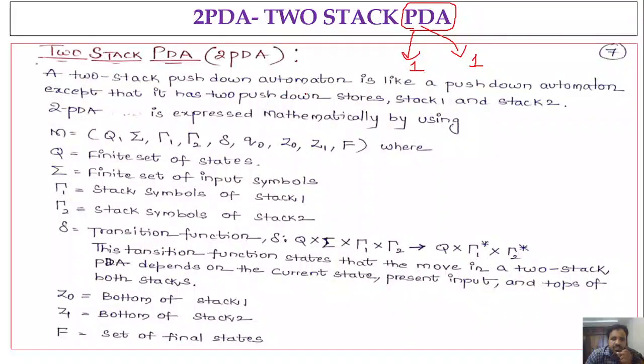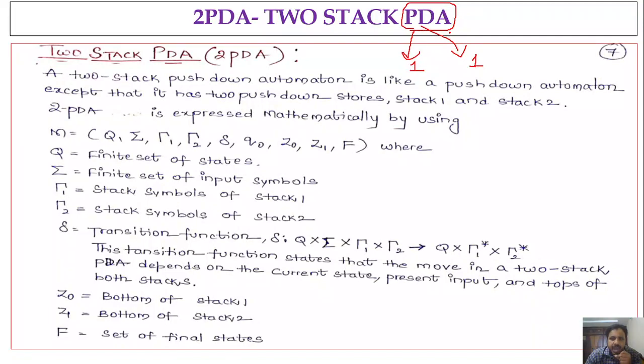So why are we adding one additional stack to the PDA? Adding that additional stack will increase the language acceptance. The class of languages accepted by the two-stack PDA is larger than the languages accepted by the PDA.